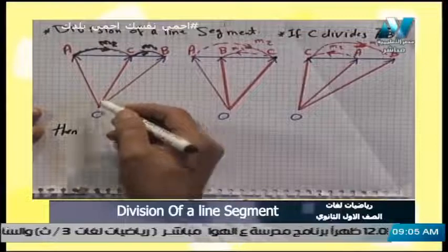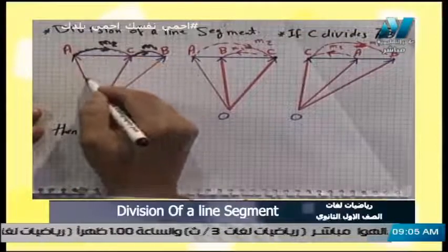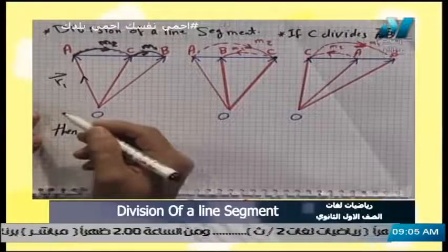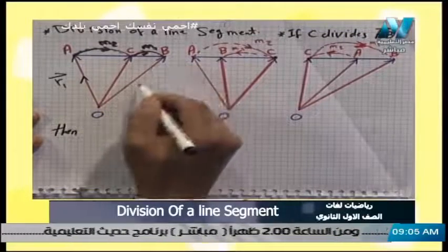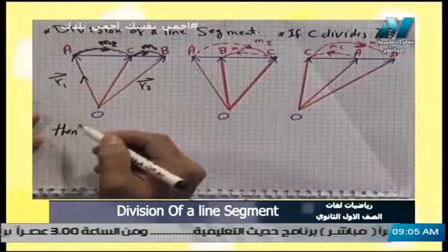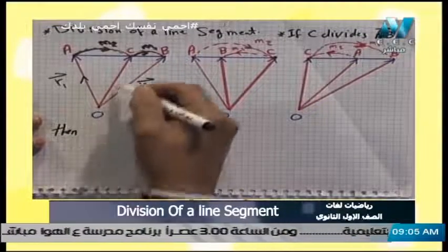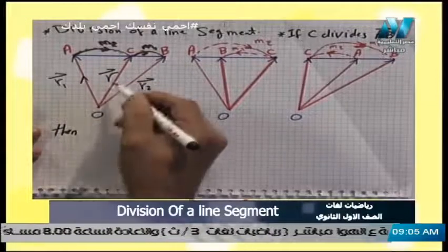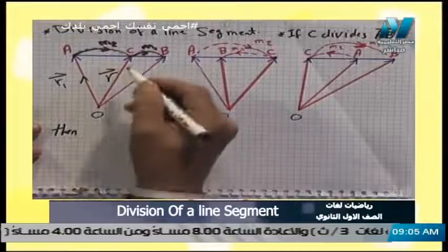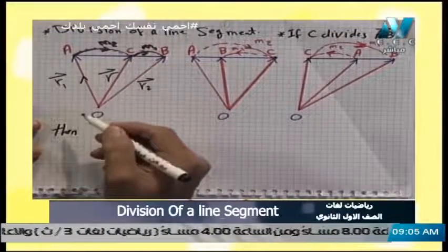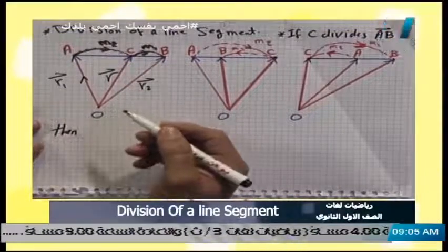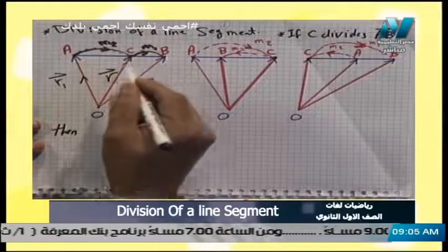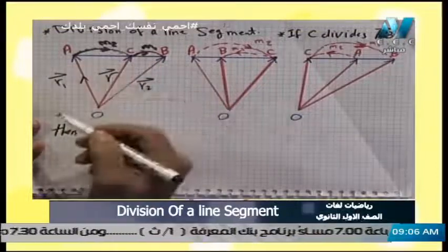OA here means R1, the vector R1. We call OB the vector R2, and we call OC the vector R, and the vector R will be X and Y. The question generally is to find the coordinates of C which divides the line segment AB.